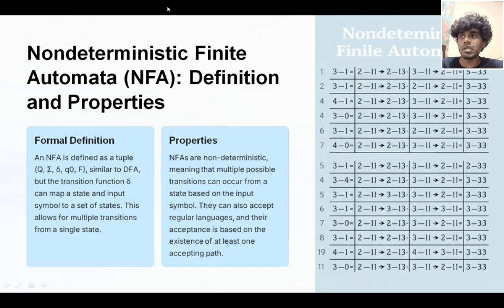This allows for multiple transitions from a single state. Properties: NFAs are non-deterministic, meaning that multiple possible transitions can occur from a state based on the input symbol. They can also accept regular languages, and their acceptance is based on the existence of at least one accepting path.